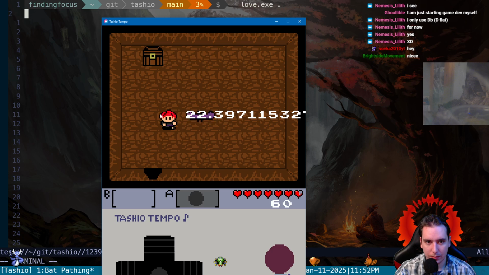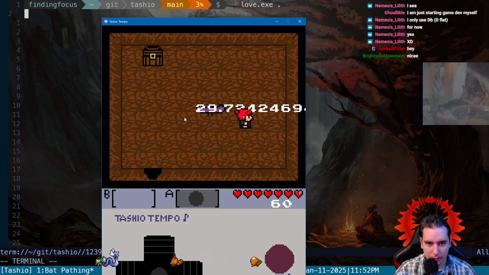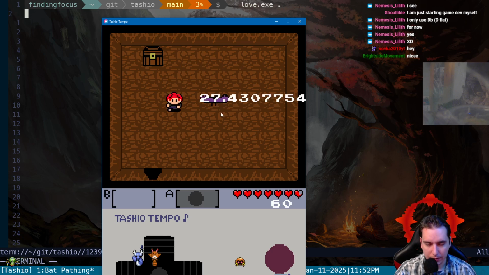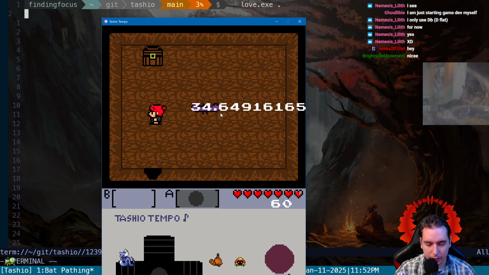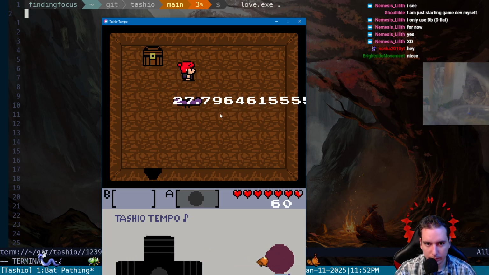So like our player's X plus our width, and then the left side of our bat, versus on this side, we need to go to the right side of our bat and the left side of our player. So that's how we need to modify our distance to player. And then we can get more consistent with that distance.